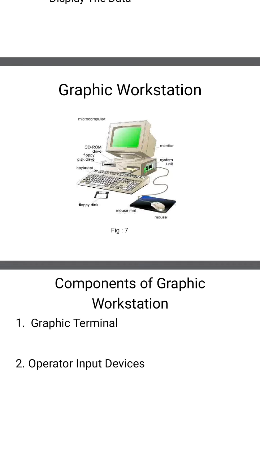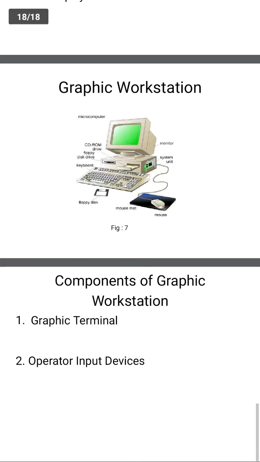Next, the computer components of a graphic workstation. What are the graphical terminal, operator input device and output device? It has graphical terminals which give the output. Next, the operator input device.